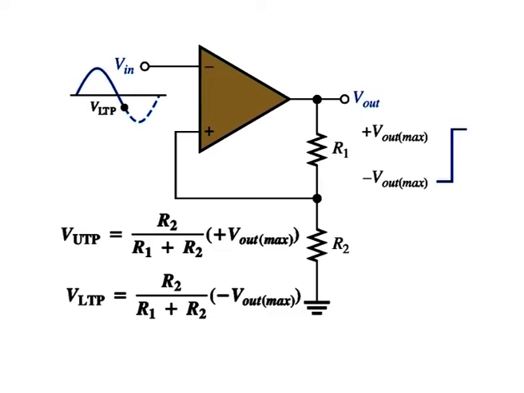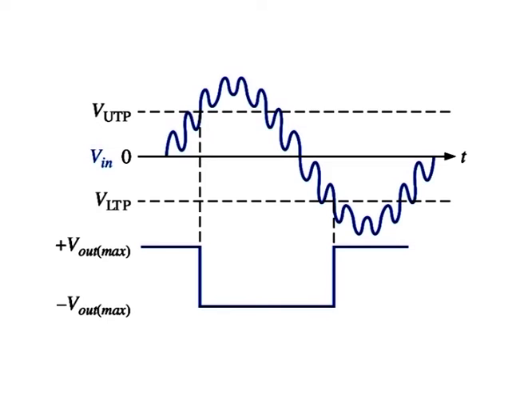This means that a small amount of noise voltage has no effect on the output as illustrated by this figure. A comparator with built-in hysteresis is sometimes known as a Schmitt trigger. The amount of hysteresis is defined by the difference of the two trigger levels.